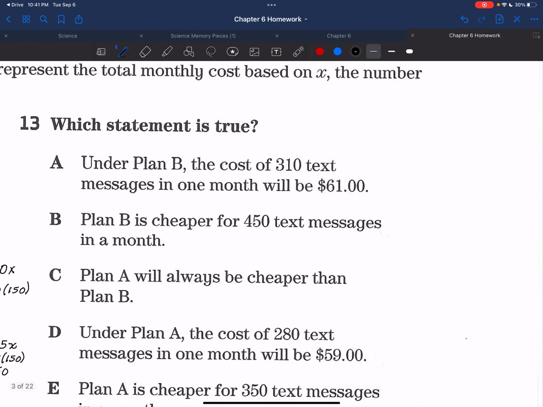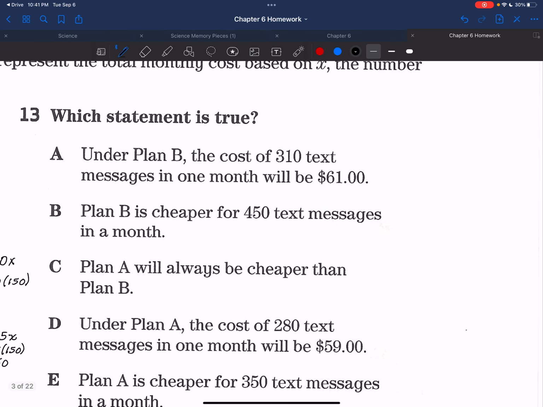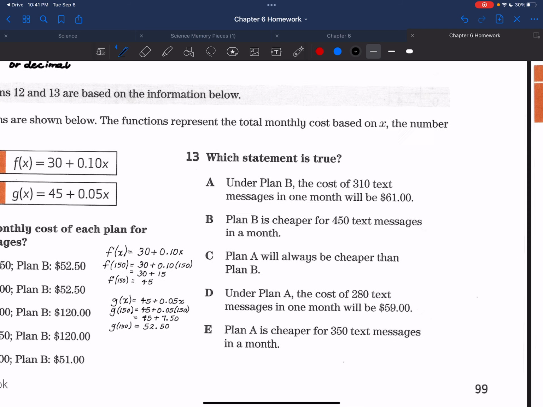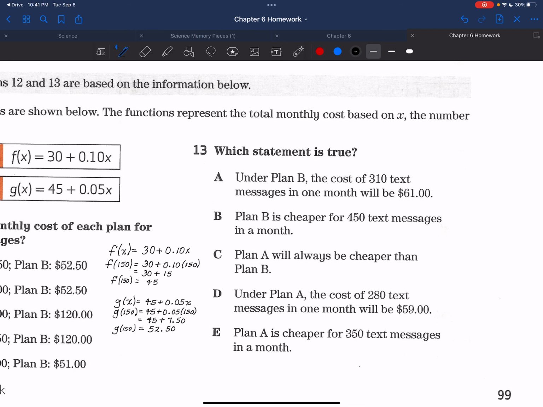Which statement is true? Under Plan B, the cost of 310 text messages in 1 month will be $61. So let's do g of x, that is Plan B, which is 45 plus a nickel per text. And we want to test that for 310 messages.